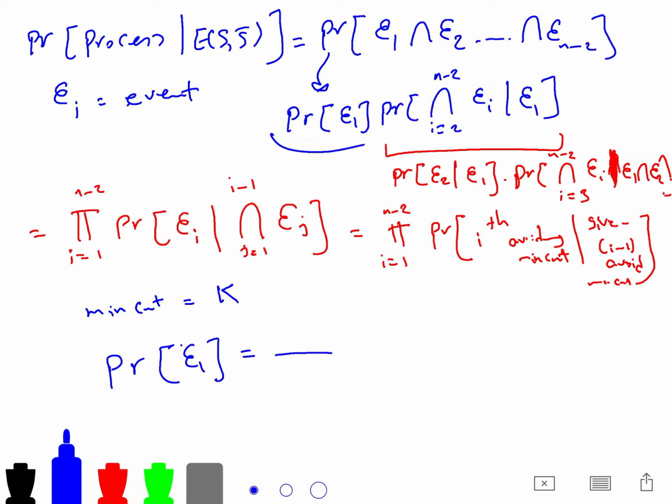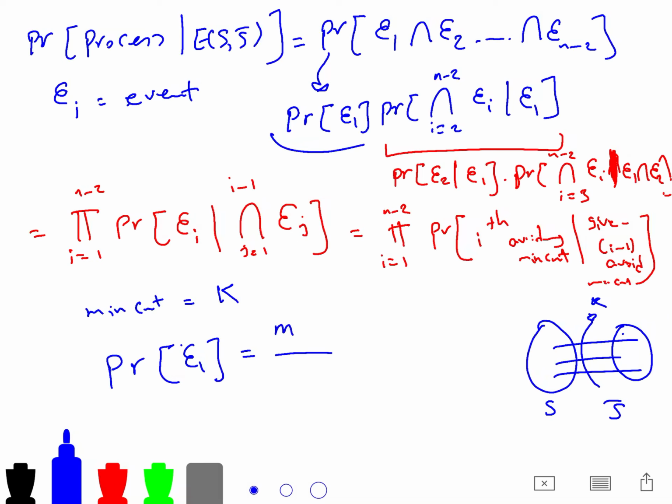So we know that when you go from S to S bar, there are some edges. There are k edges. So among all edges, we have m edges.